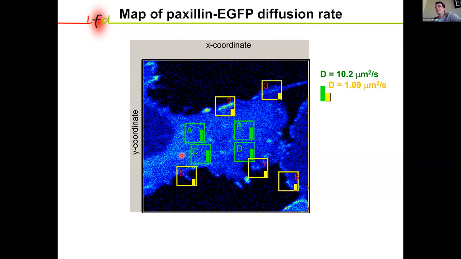But if you shift your attention to other regions near focal adhesions, there the paxillin-EGFP is moving much slower, 10 times slower, about 1 micrometer squared per second. And you can even find other regions where it's down to less than 1 micrometer squared per second.